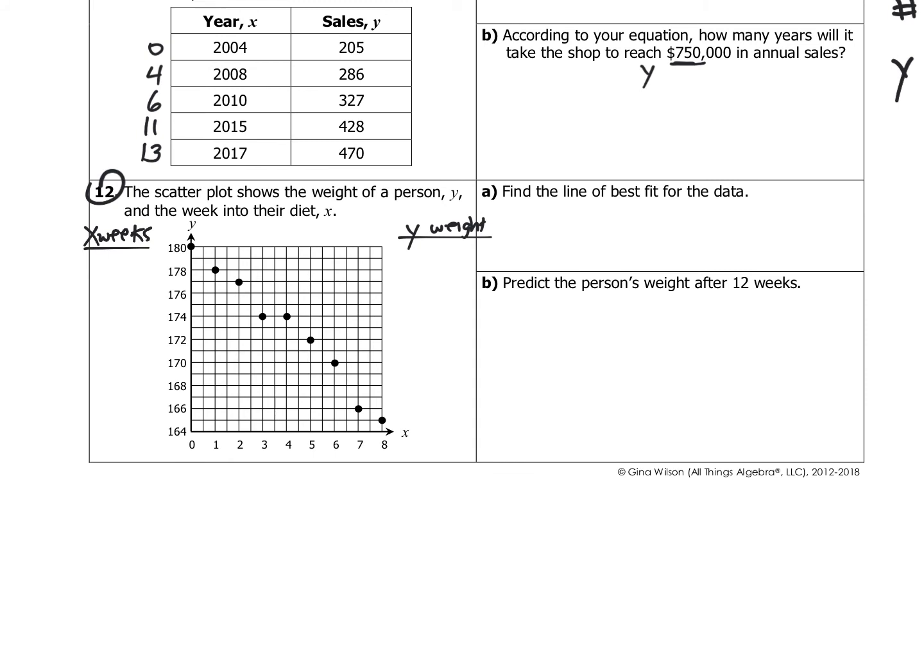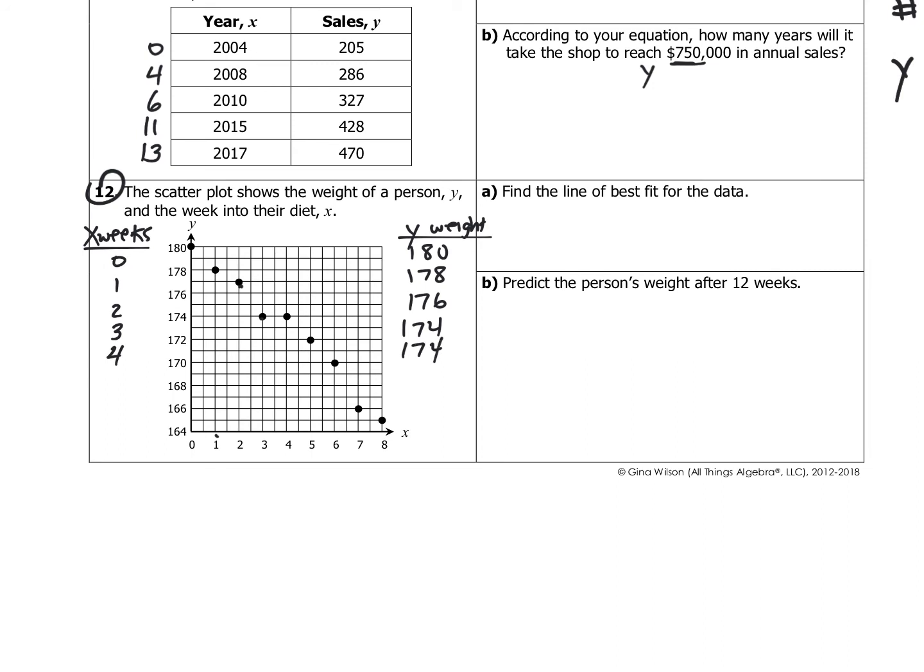So my first point, 0, 180. 1, 178, 2, 176, 3, 174. So it looks like they're losing 2 pounds a week so far. 4, 174. Uh-oh, stalled out.